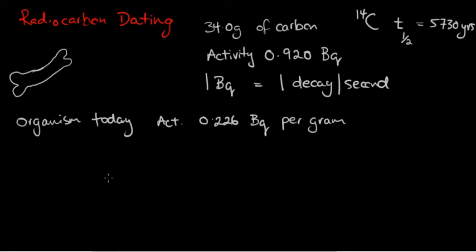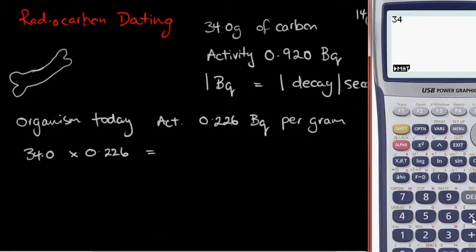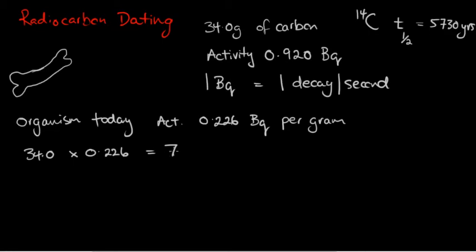That can be represented by T subscript half equal to 5,730 years. So we've got 0.920 counts per second for 34 grams. For a living organism today, 34 grams is 34 multiplied by 0.226, which equals 7.684 becquerels per 34 grams.